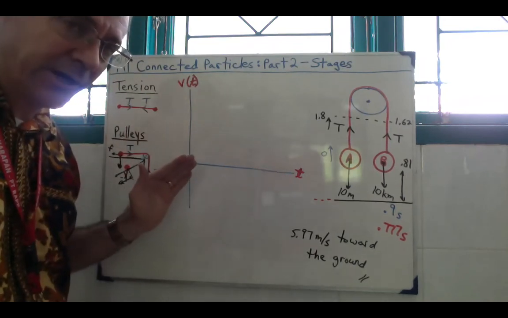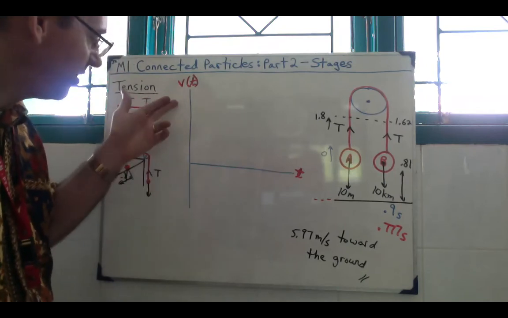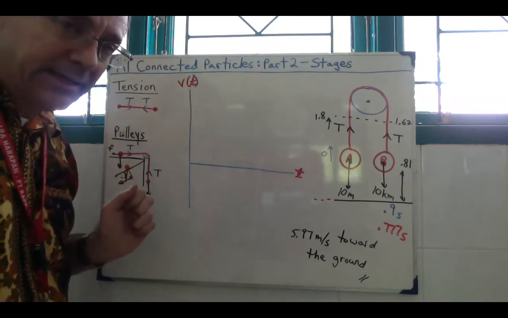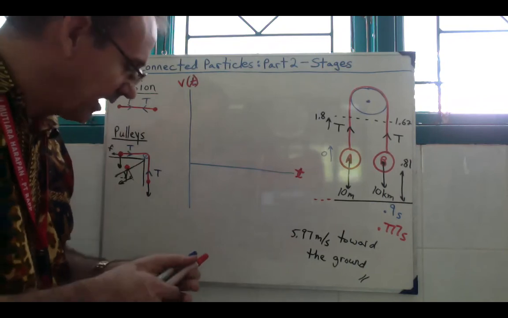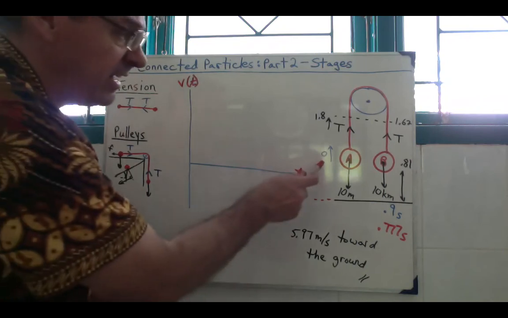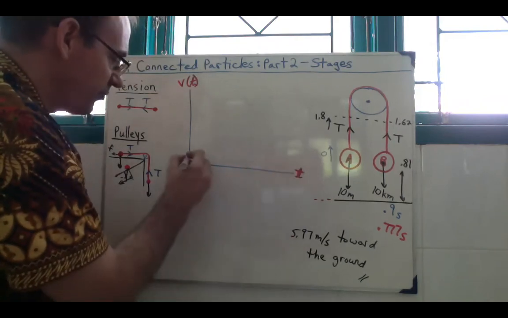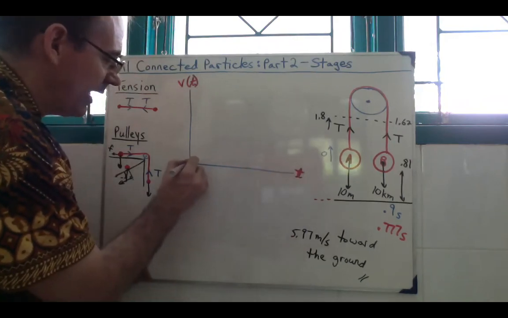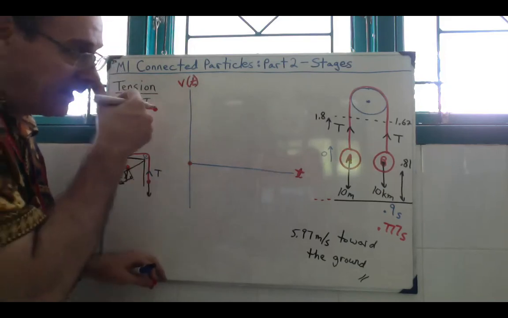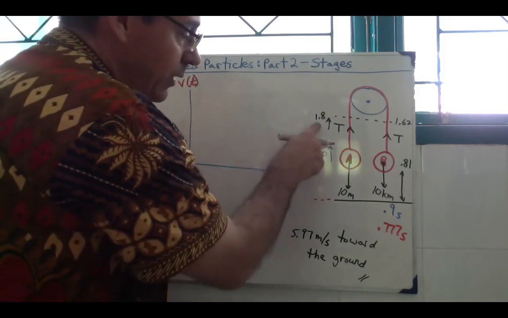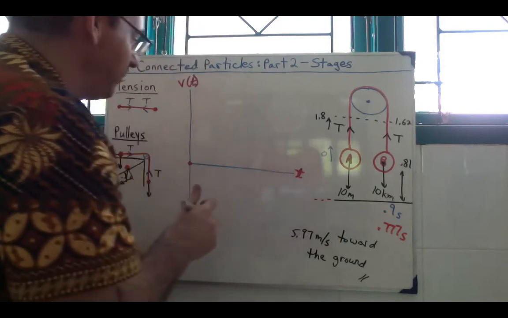So we have 2 axes here. We need to look for our key times, and we also need to look for our key velocities. Obviously, the first velocity would be our velocity at the point of release, which would be at time equals 0, and velocity equals 0. Then our velocity went up to 1.8 meters per second.